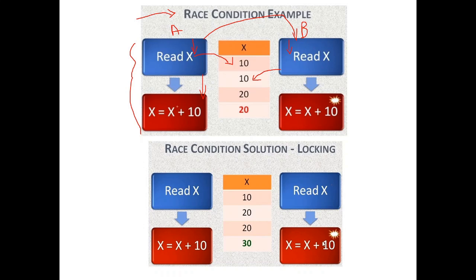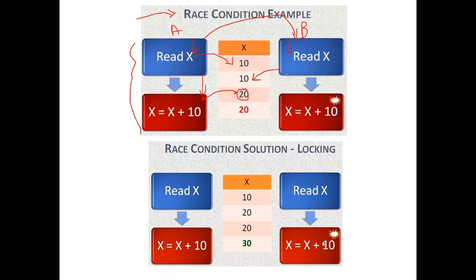Now A has read the value of X and is going to increment it, so it becomes 20. But B, instead of reading the value 20, has interrupted and read the value of X as 10.